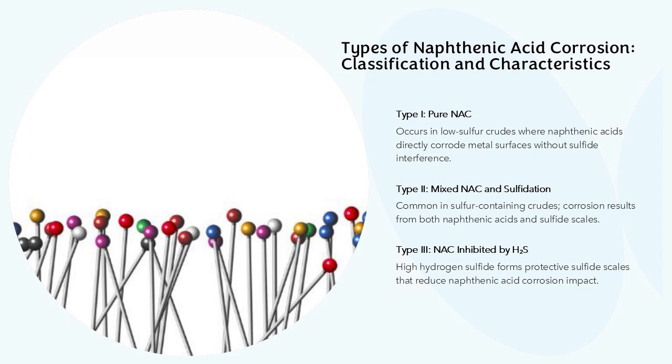Type 3, or NAC inhibited by H2S, occurs when high concentrations of hydrogen sulfide promote the formation of protective sulfide scales, reducing the impact of naphthenic acids. Understanding these classifications helps refineries tailor mitigation strategies to specific crude blends and operating conditions, ensuring optimal protection against corrosion.